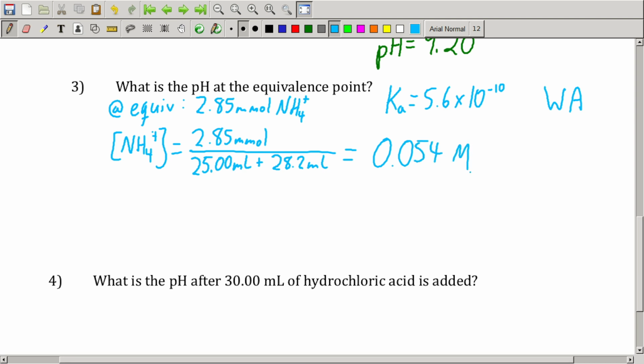All right, so we don't have as much work to do from here as we did before. We can calculate the pH directly from this. Or excuse me, we have to calculate the hydrogen ion concentration first.